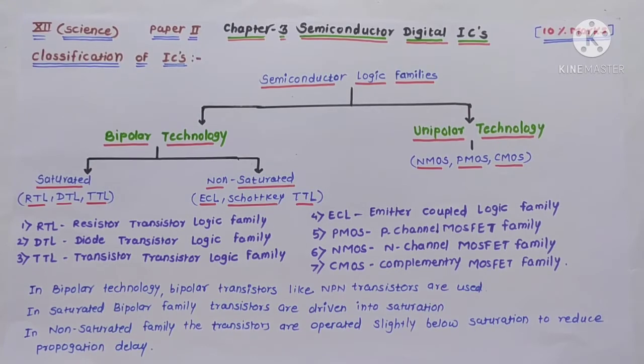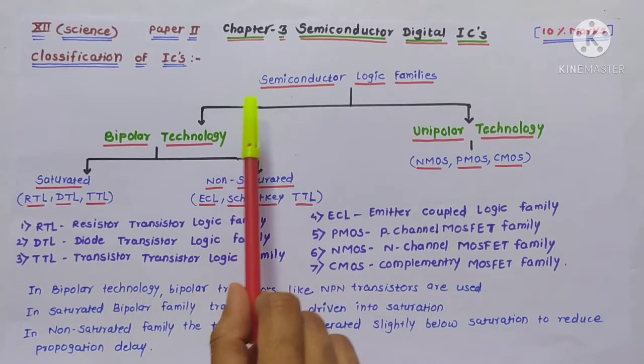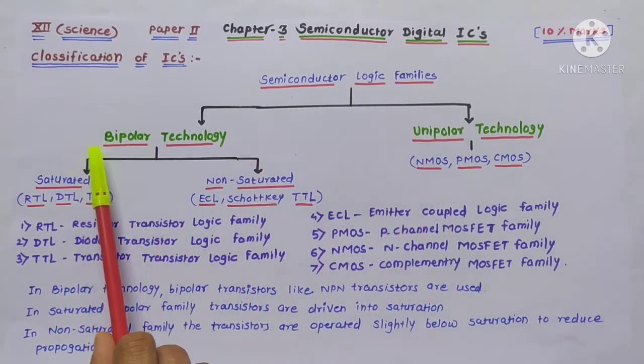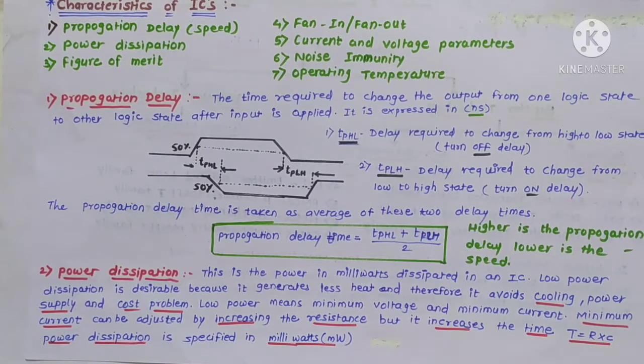Now students, as we have seen, there are basically two types of semiconductor logic families, bipolar technology and unipolar technology. But the performance and quality of an integrated chip or IC depends on its characteristics. So in the next point we'll see the characteristics of semiconductor digital ICs. The popularity and the cost of a semiconductor family depend on various characteristics.